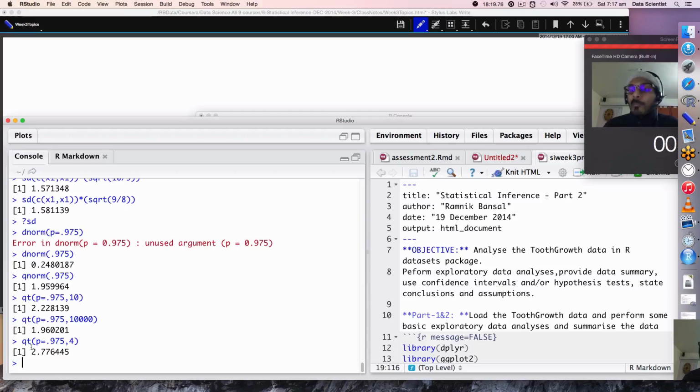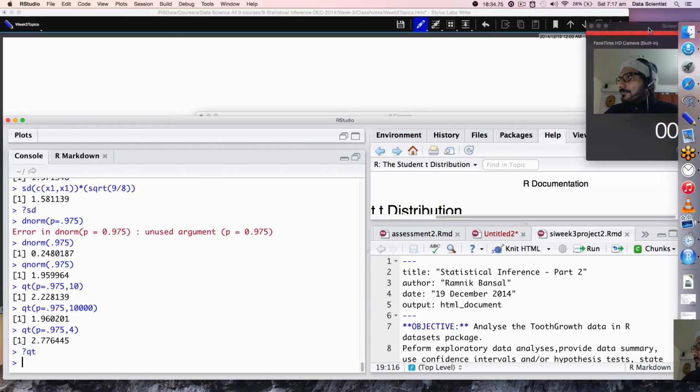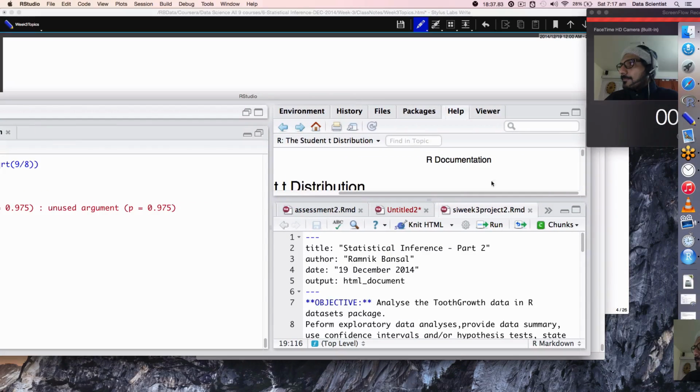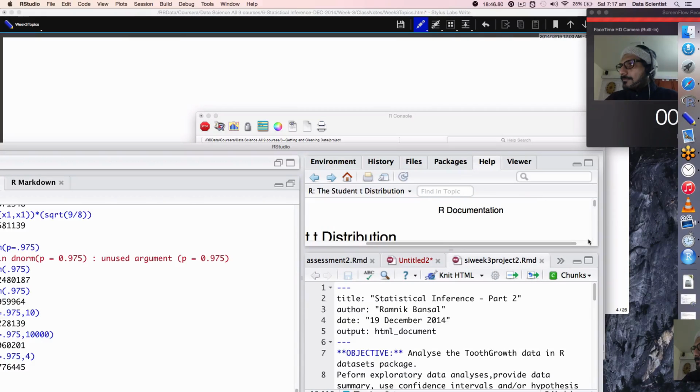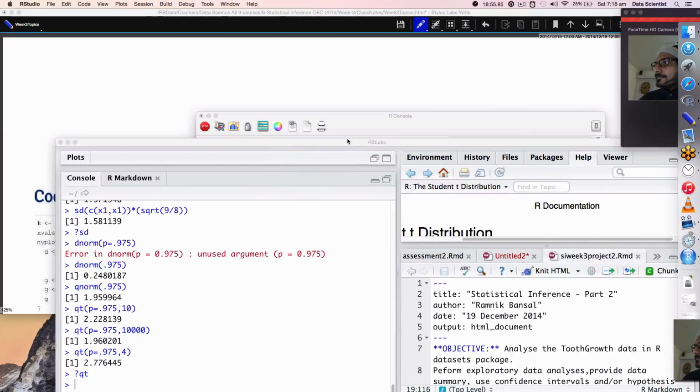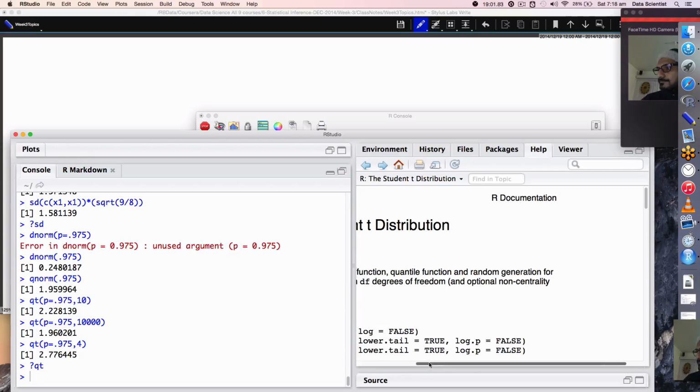So instead of qnorm, rnorm, now we have rt, qt, etc. Let's just look at the help for qt.